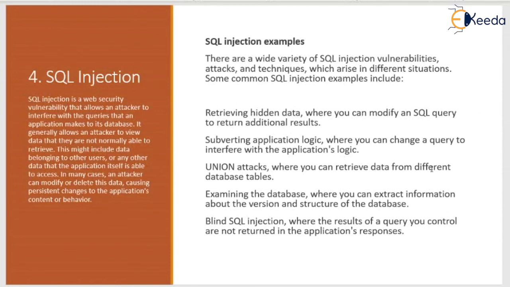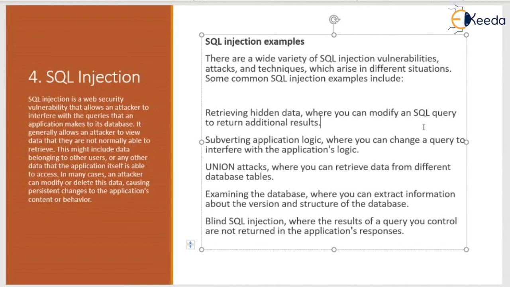So there is a wide variety of SQL injection vulnerabilities, attacks and techniques which arise in different situations. Some common SQL injection examples include retrieving hidden data, where you can modify an SQL query to return additional results. SQL queries are basically used to get some values from the database, and this data is then presented on the UI.